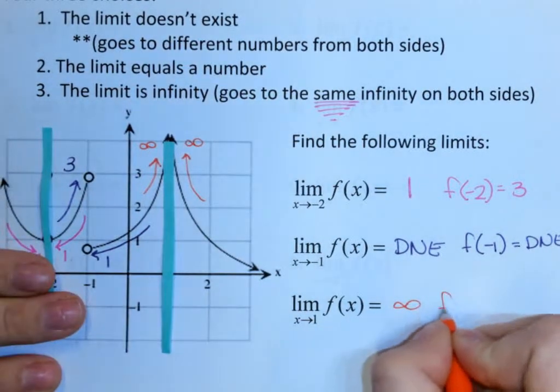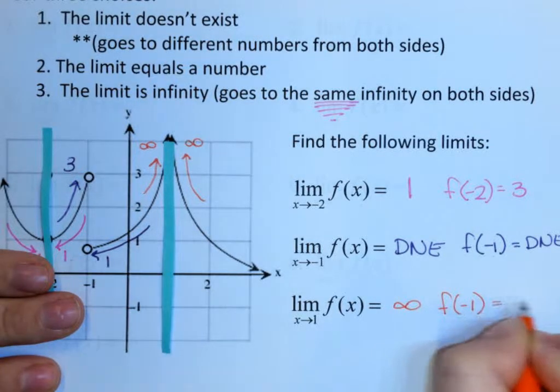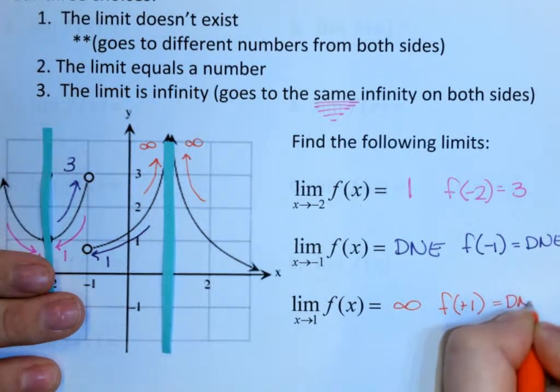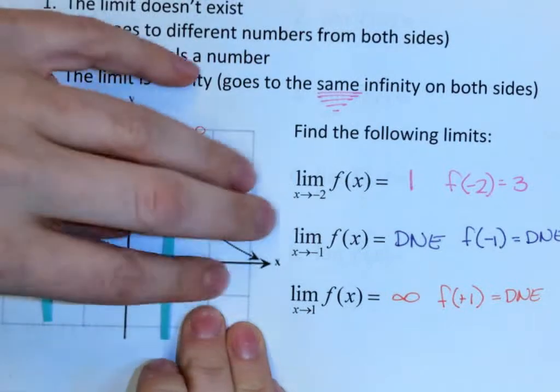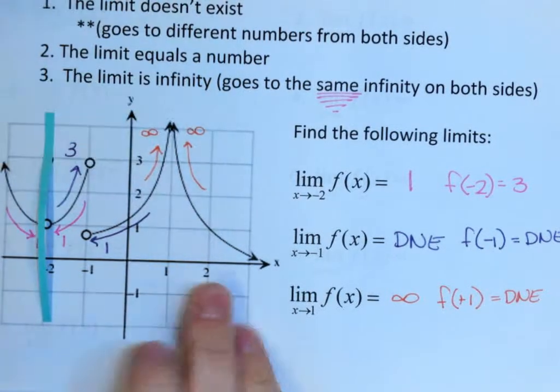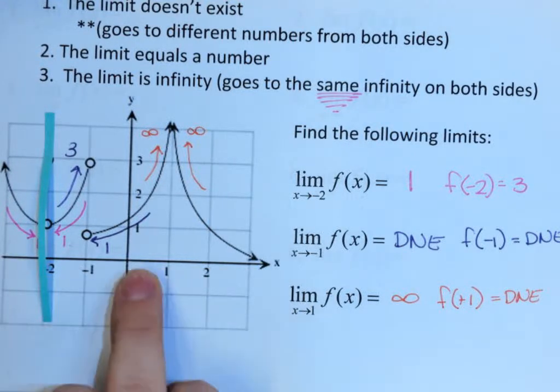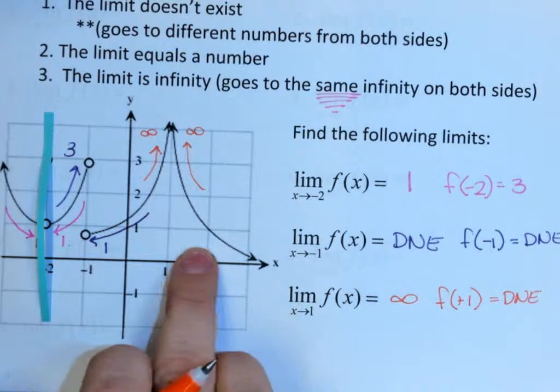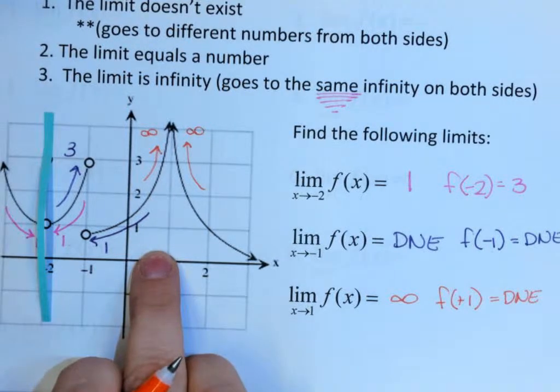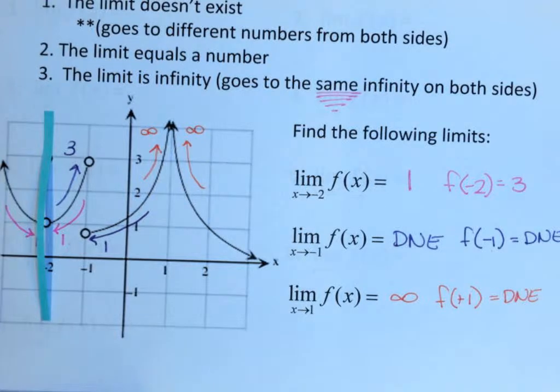Although again, at this point, f of +1 would still also not exist, because there's not going to be a spot here where it's going to touch my graph. Okay, what kind of a discontinuity is this? Infinite. It's one of my asymptotes. Okay? Does that make sense?